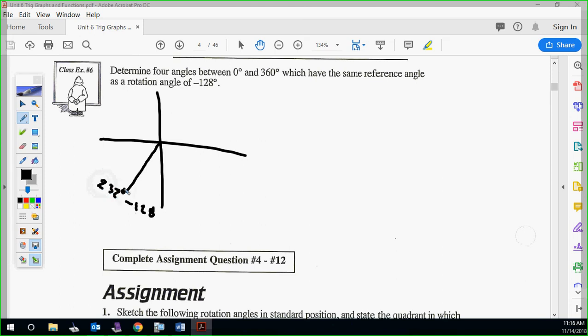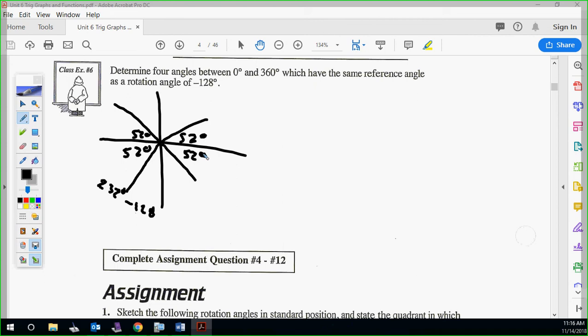Okay, so what is that reference angle? 52. So this is all you have to do. 52 here, 52 here, and then 52 here. And then go find what those three are. Okay? So the reason we got the positive first is because it says we want 0 and 360. So I got the positive first because of that.